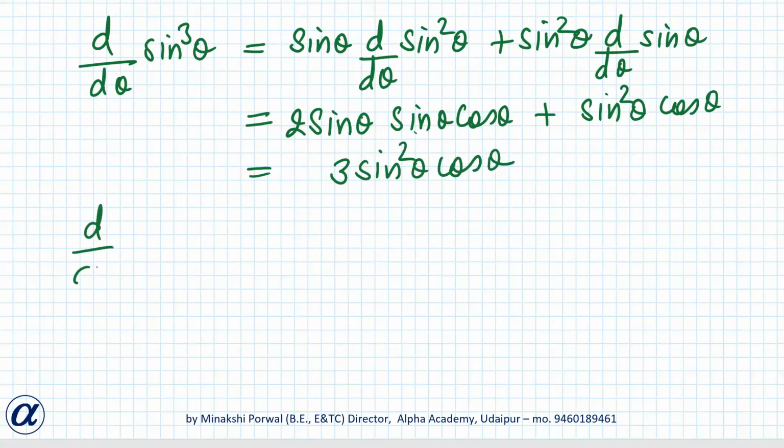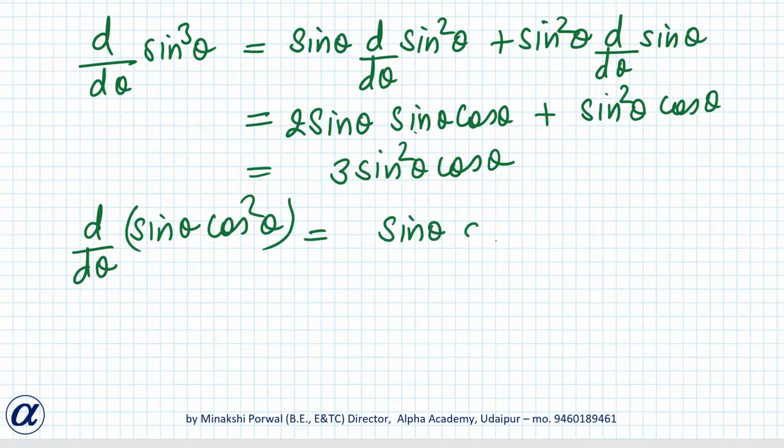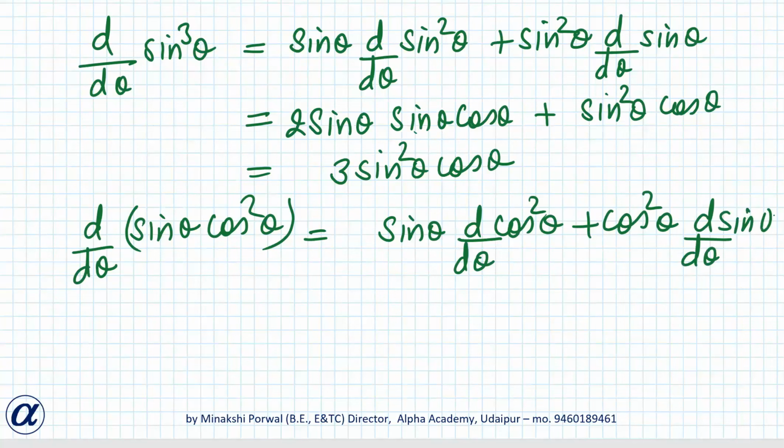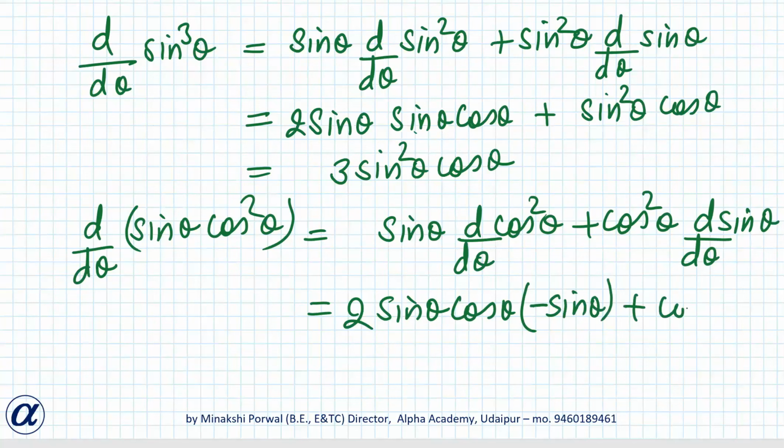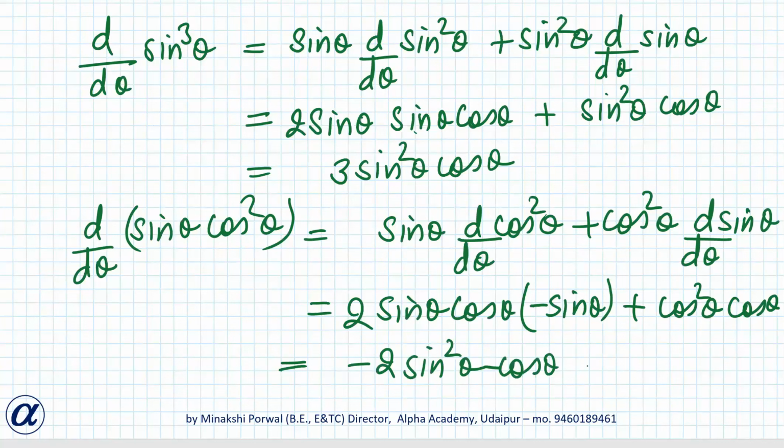And the second one, d by d theta of sine theta cos square theta, this also we have to find. So first into the derivative of second plus second into the derivative of first. Sine theta times 2 cos theta, the derivative of cos theta being minus sine theta, plus cos square theta into cos theta. So that is equal to minus 2 sine square theta cos theta plus cos cube theta.